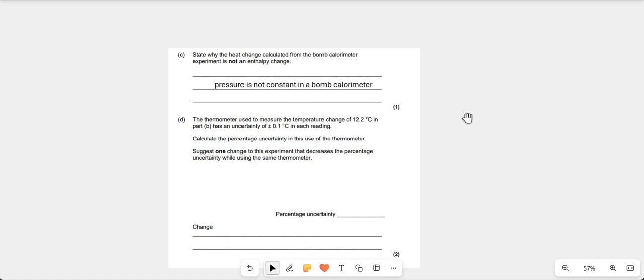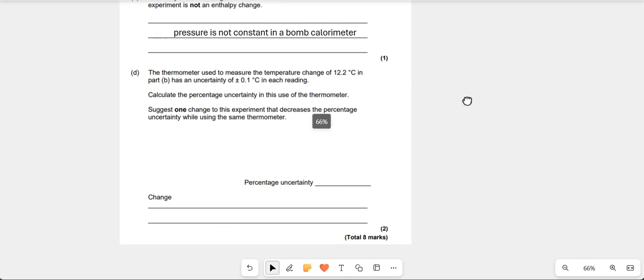The thermometer used to measure the temperature change of 12.2 in part B has an uncertainty in each reading. Calculate the percentage uncertainty in the use of the thermometer. So again, as I told you, when you're doing a measurement, you multiply the uncertainty by 2. So it will be 0.2 instead, because you're taking 2 readings on the thermometer. Even if it goes from 0 to 5, you have to take the reading for 0 and the reading for 5.